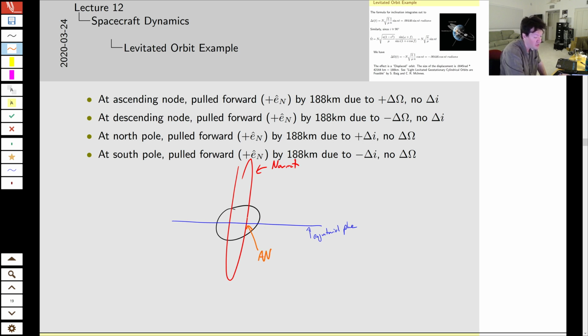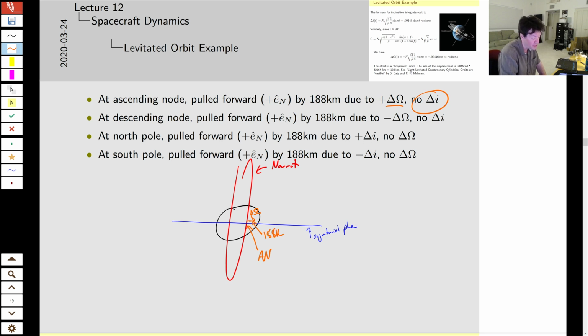At the ascending node, if we plug in, nt, or theta, is 0. We get the displacement delta omega. The inclination doesn't change our position, delta I doesn't change our position, but this change in right ascension does, because it pushes our ascending node back by an amount of 188 kilometers.